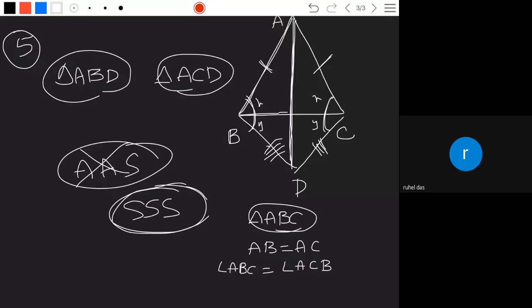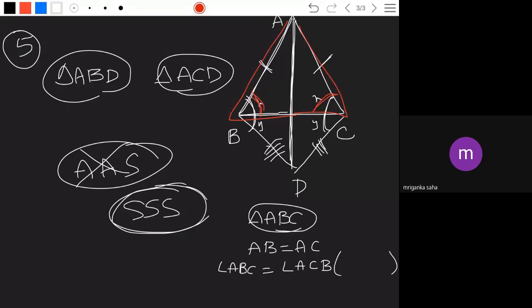This angle is equal to this angle. What is the reason? Can anyone say? Sir, angles opposite to the equal sides are equal. Very good. No need to say isosceles triangle, just angles opposite to the equal sides.